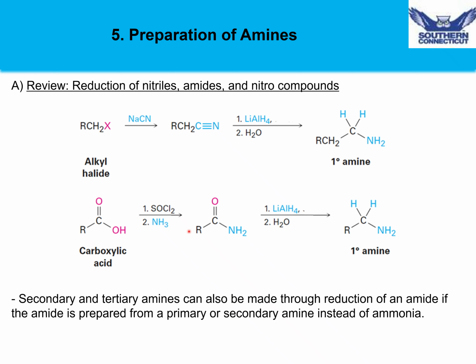If we use a primary or secondary amine, we would have a substituted amide here. Reduction of the carbonyl of the amide with lithium aluminum hydride will give us the amine. If we use ammonia in the beginning to make the amide, we're going to end up with a primary amine. If we use other amines in this acyl substitution reaction instead of ammonia, we're going to get secondary or tertiary amines instead.